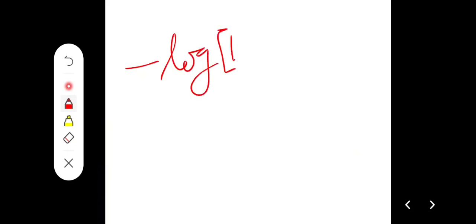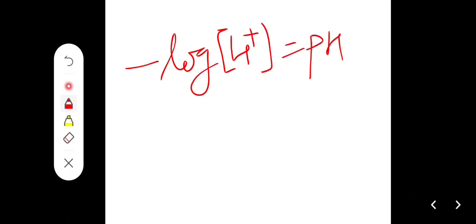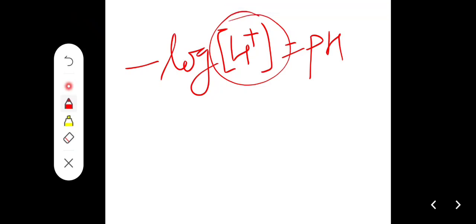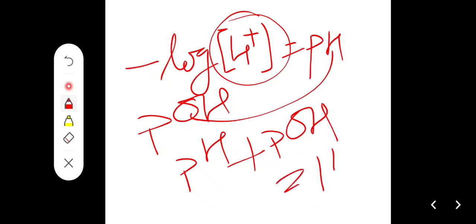So pH equals 14 minus pOH. As you always know, minus log of concentration of H plus equals pH. So from the value of concentration and its negative log we get the value of pH. Similarly, pOH we can determine, and when we sum up the quantities, we get the overall value 14.